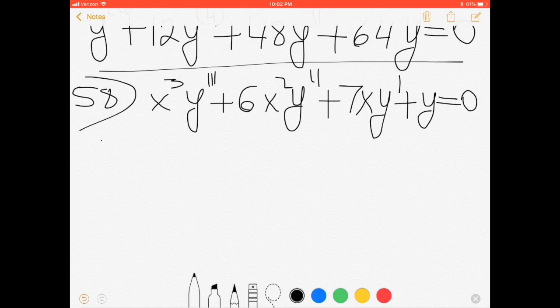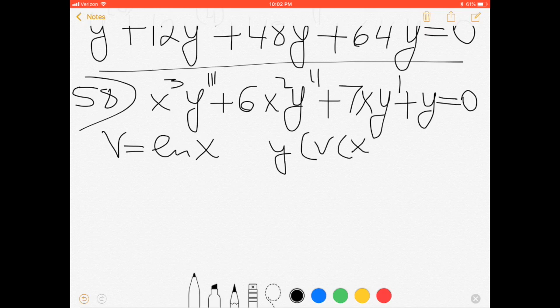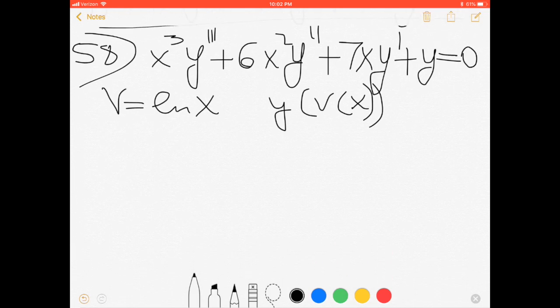Okay. Let's go. We have the substitution v equals natural logarithm of x. And here function y depends on v, which depends on x. This means the first derivative will be the derivative of our function with respect to v times the derivative of v, which gives us 1 over x.